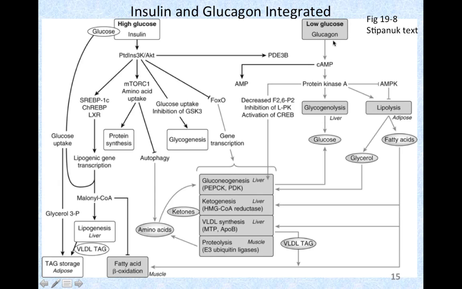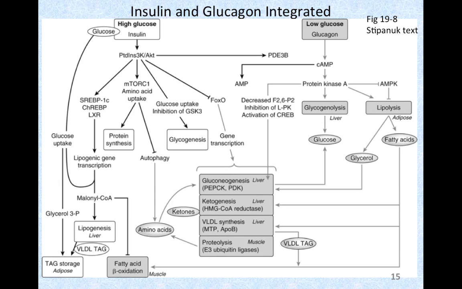Okay, let's look over here. Here is low glucose and glucagon. Now, when that happens, remember, cyclic AMP goes up, and that cyclic AMP can basically be converted to AMP. So in this case, it increases AMP, and because of that, now you would have the AMP activated kinase.